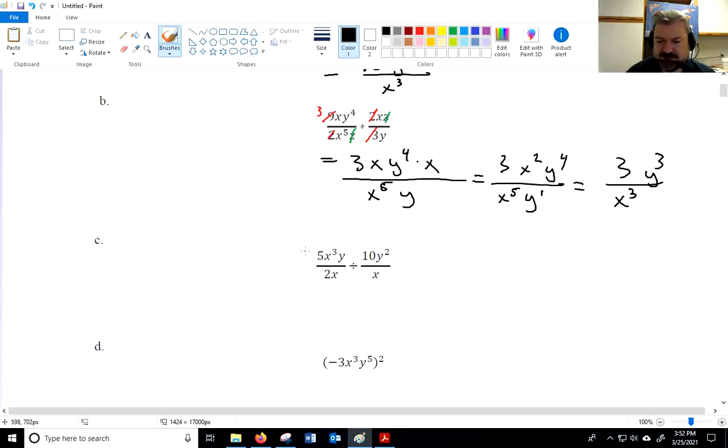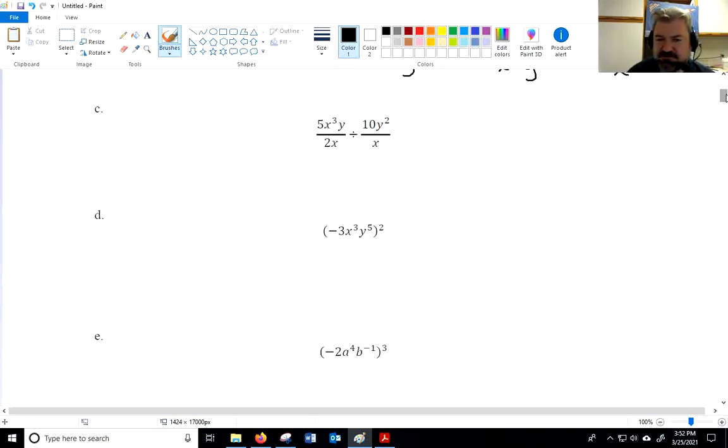All right, on the next one, we should be using keep, change, flip here. So keep the first fraction the same. Change division to multiplication, and flip. All right, and then we will reduce. 5 goes into 5 once and 10 twice.